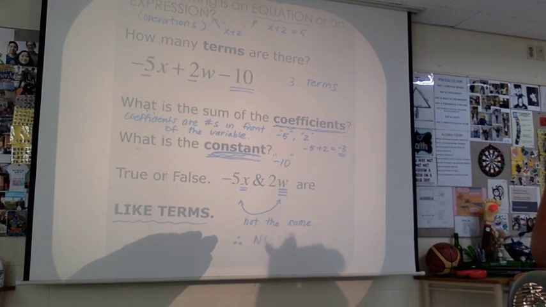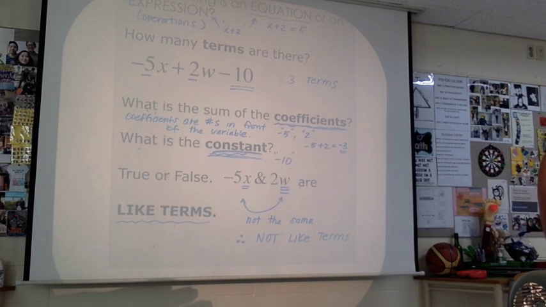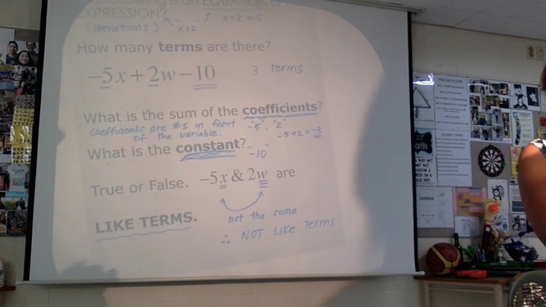Therefore, not like terms. But you already knew that, right? Maybe if you didn't, it's okay because we're doing this lesson right now. If you have to stop the video, make sure you stop it and try to digest that as much as you can, or you can rewatch it, okay? Make sure you're taking notes as well.